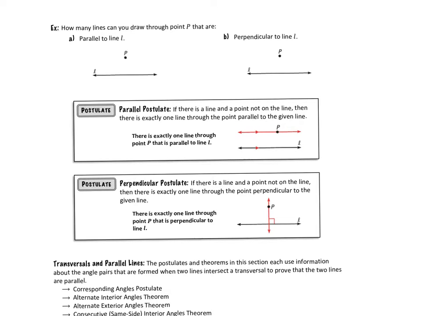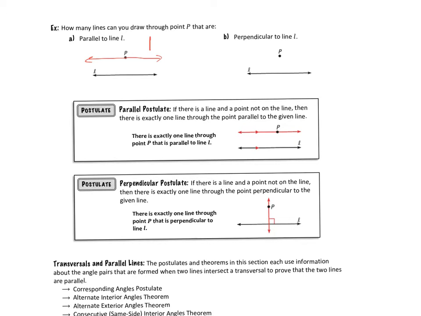And perpendicular means that lines are coplanar and do intersect, and they form a 90-degree angle. Okay, so in our example at the top of the page, in order to draw a line parallel to line L and going through P, there's only one way I can draw this. So I can only draw one.